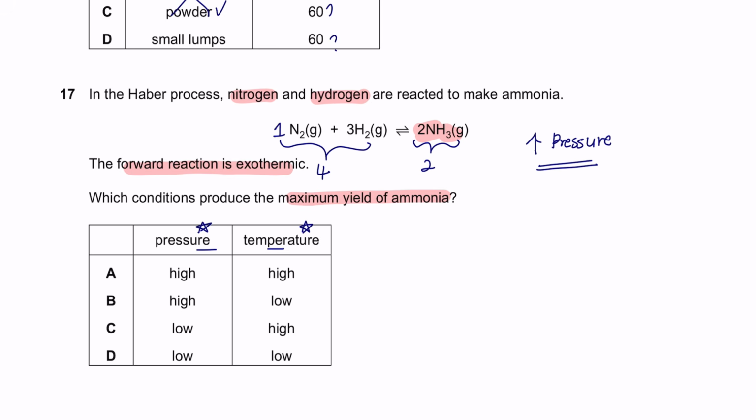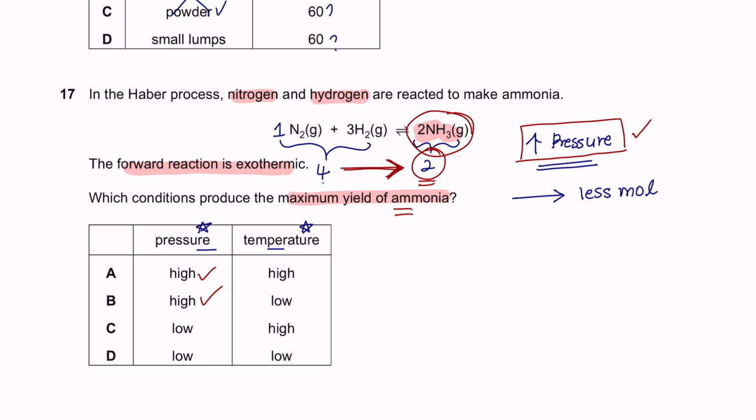Increasing pressure will cause the equilibrium to shift to the side with fewer moles. There are fewer moles on the right side compared to the left. This means that when you increase the pressure, the equilibrium will shift to the right side. So to get maximum yield of ammonia, which is the product, we want the equilibrium to shift to the right. So we should be increasing the pressure.